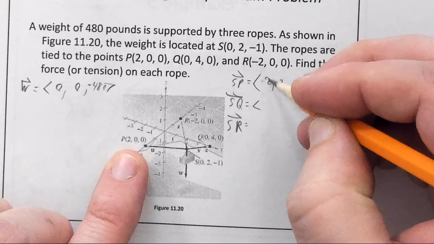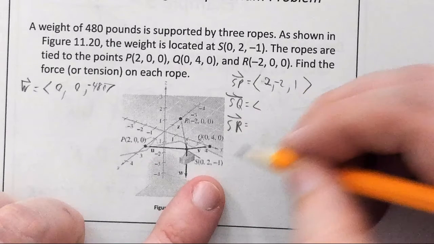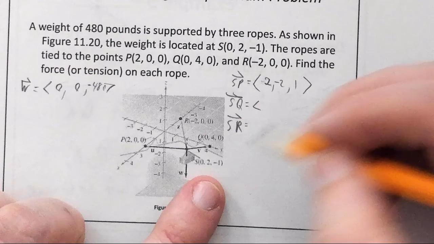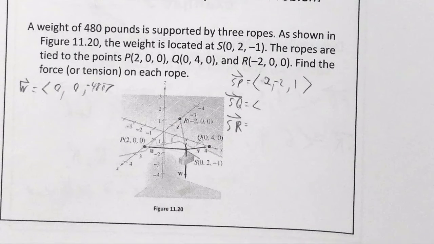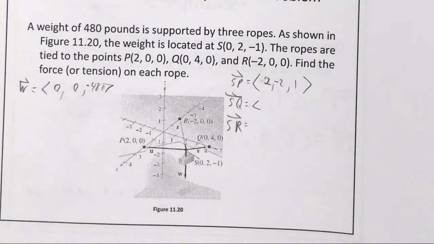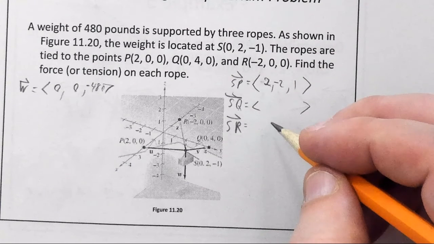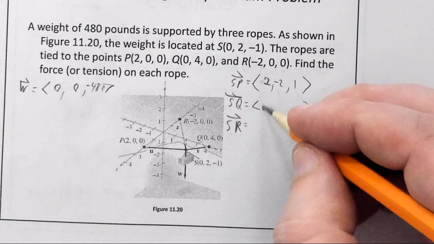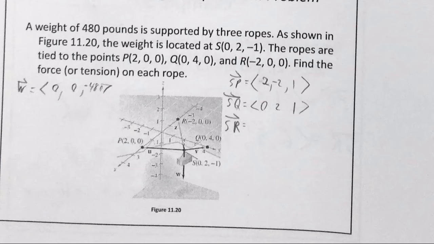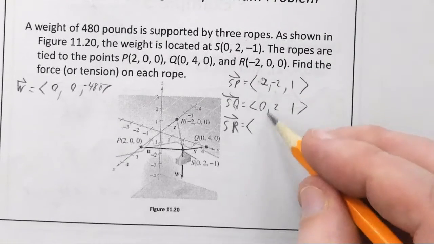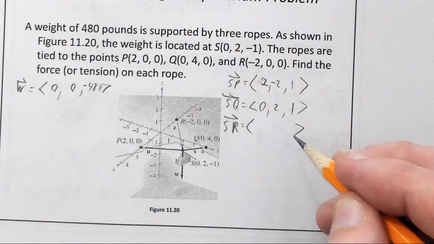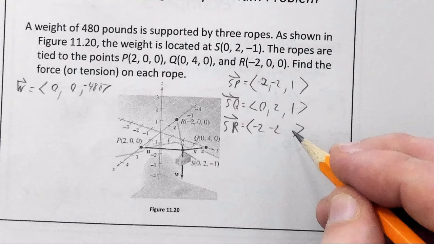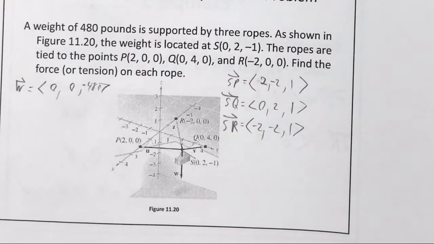Okay, so 2 minus 0 is 2, 0 minus -2, 0 minus -1. Sometimes it does help to write it out. So what's S to Q? 0, 2, 1. What about S to R? -2, -2.